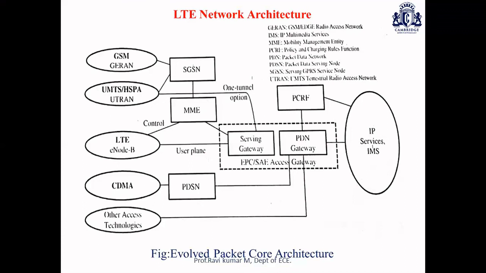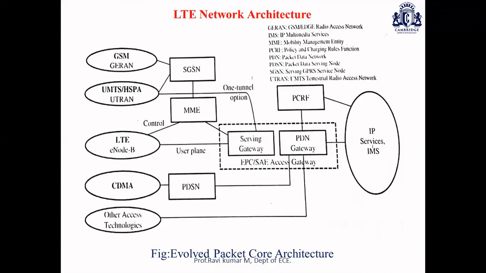Enhanced Node B is nothing but your enhanced base station. The other element with respect to EPC is PCRF, the policy and charging rule function, which is a combination of the policy decision function as well as the charging rule function.